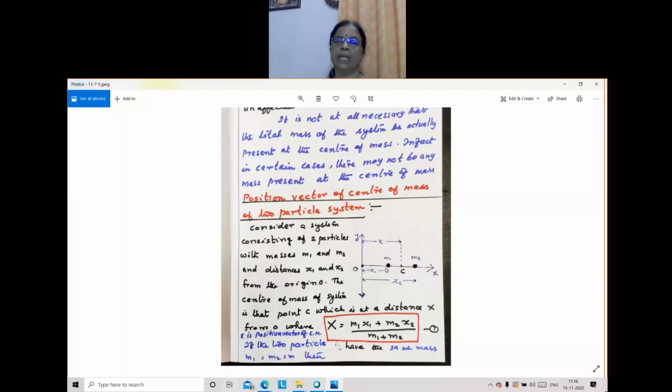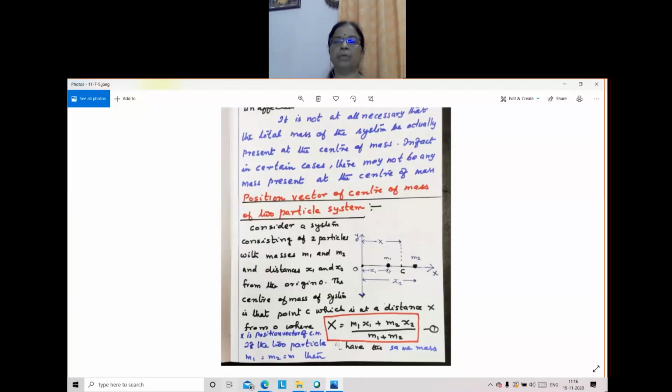So you have to consider a system which has only two particles, with masses m1 and m2, and their distances from the origin. This is the origin, this is the x-axis, and this is the y-axis. From the origin, that distance, the position vector, is x1, and for the mass m2 it is x2. They are not taken as equal masses.